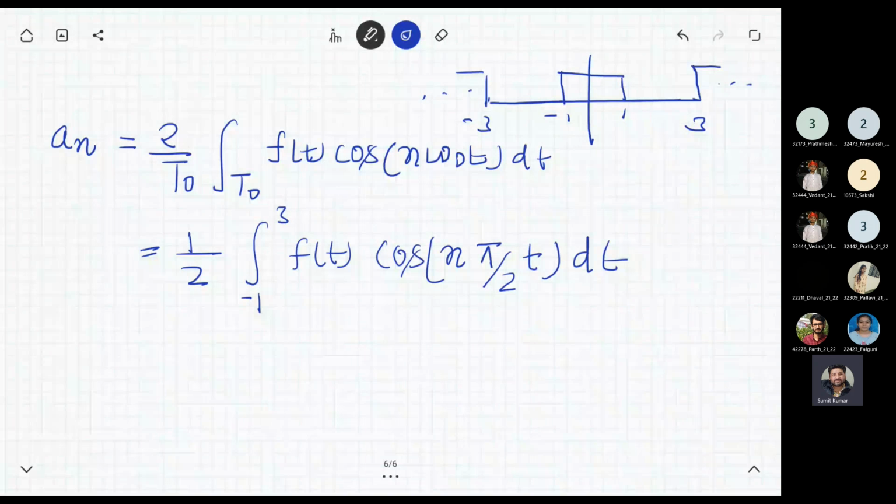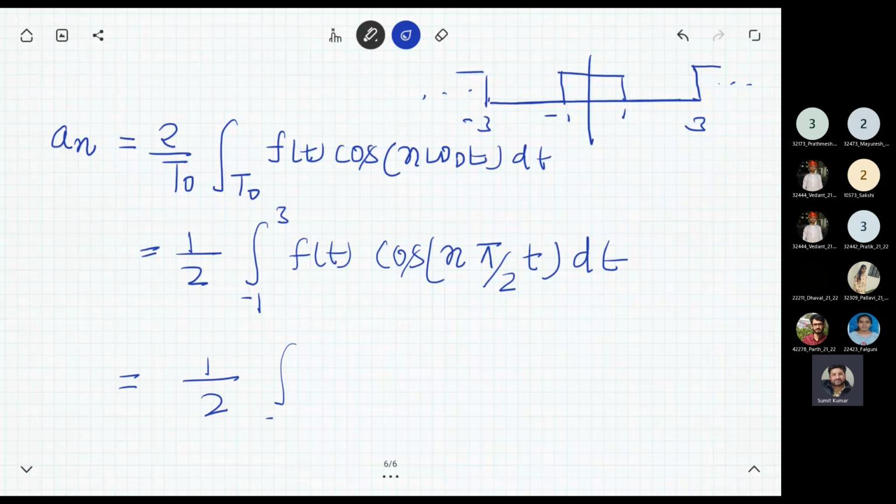And this again from -1 to 3, ये सिग्नल का वैल्यू है -1 to 1, 1 to 3 तो ये 0 ही है, तो 0 इंटीग्रेट करने का कोई फायदा नहीं है. So I can write this half -1 to 1, but we will be having cos n pi by 2 t dt.